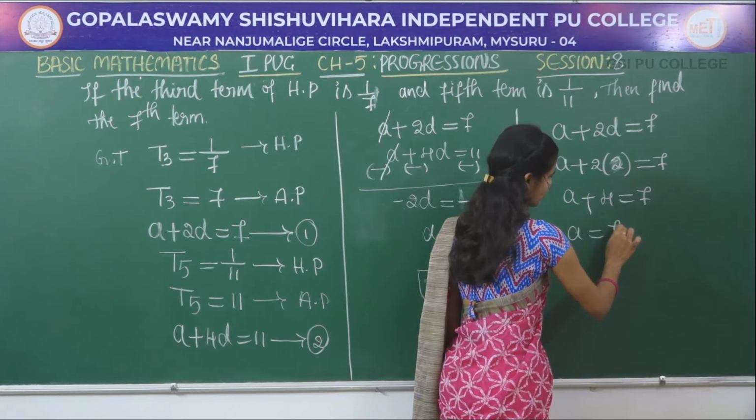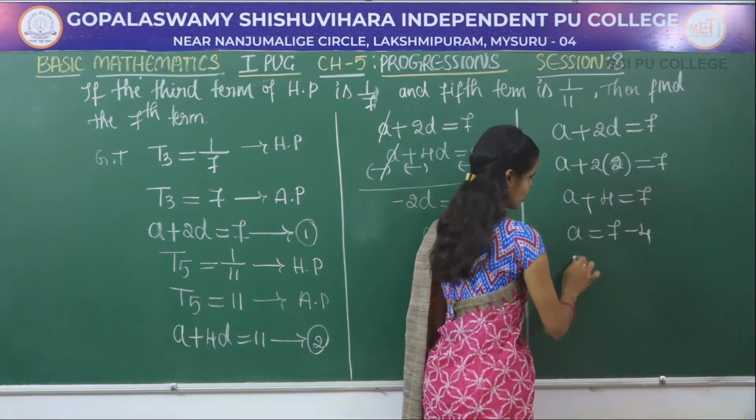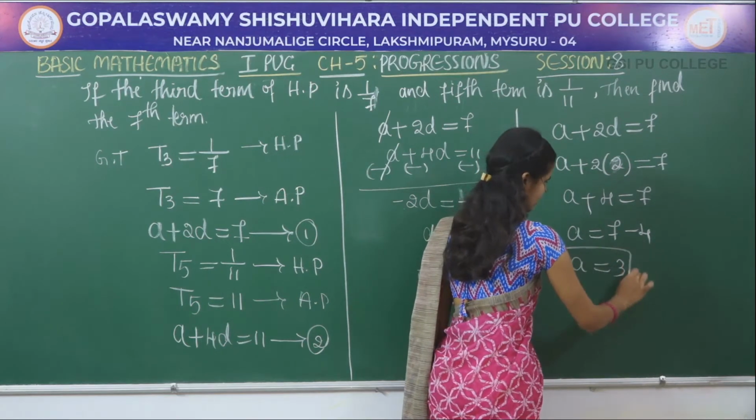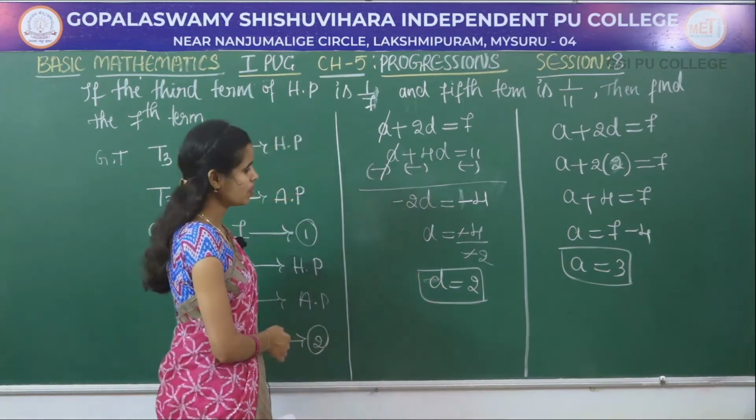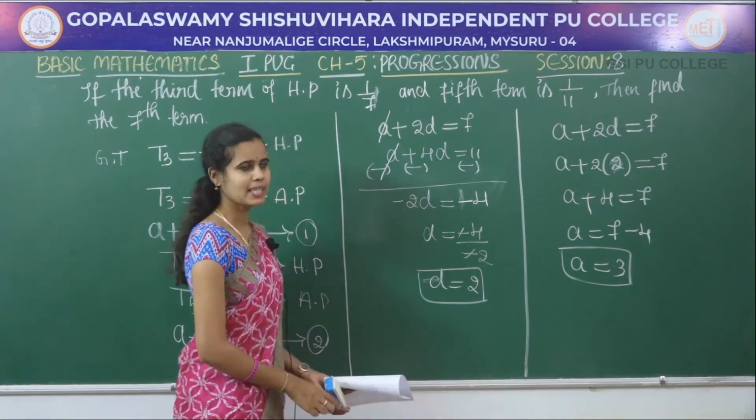Therefore A is equal to 7 minus 4, so A is equal to 3. So A is equal to 3, D is equal to 2. Now, find the seventh element in AP.